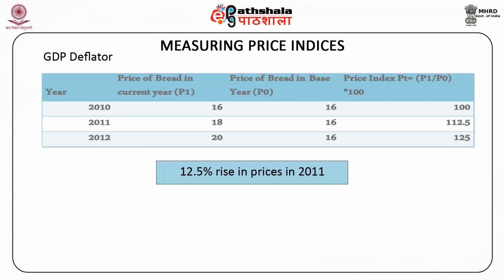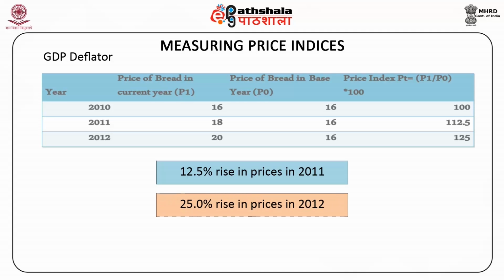Further, it rises to 125 in the year 2012, indicating that the prices increase by 25% in 2012 over the base year 2010. The computation of price index enables a quick and easy comparison of the price change with the base year.